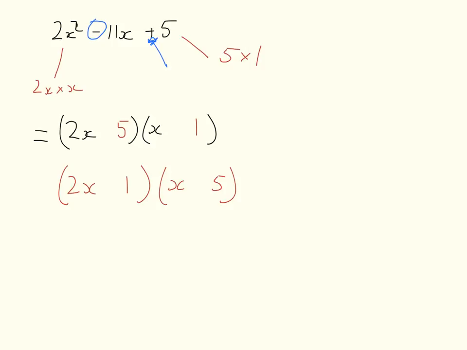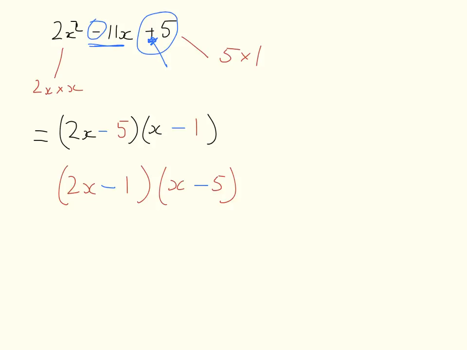So I'm going to have two negative numbers here, because if I have two negative numbers multiplying, I will end up with a positive answer, but when they add together, I end up with a negative. So whichever way around I have them, it's going to be all negatives.